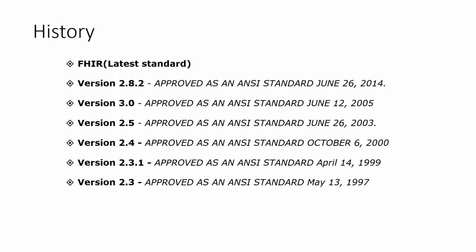Later, we had subsequent releases 2.3.1, 2.4, and 2.5. But the major release was version 3, which was released in 2005. Version 3 was not very much welcomed by the industry for many reasons.